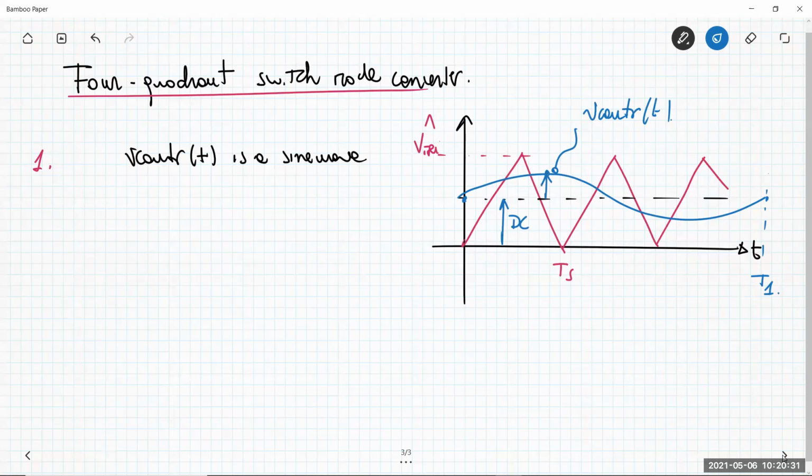The peak value of this AC contribution is this one, V control peak value.